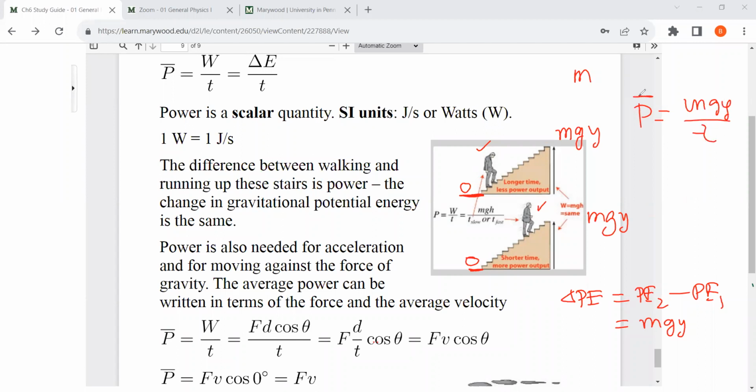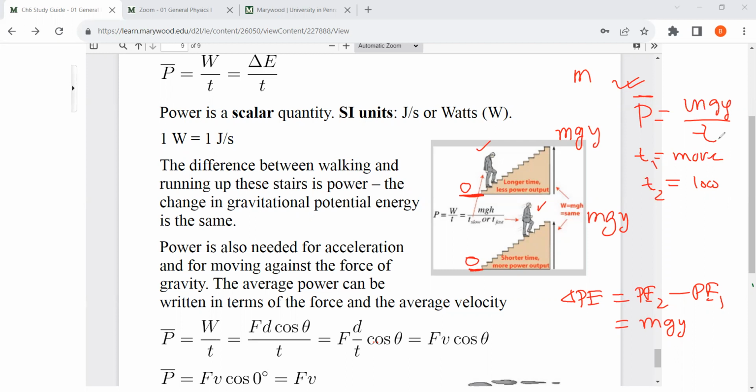Now the first person is walking slowly, that means T is more for the first person, and the second person is walking fast, so for the second person T is low. When you plug this time into this equation, you see that the first person is using less power, because more T in the denominator means less power.